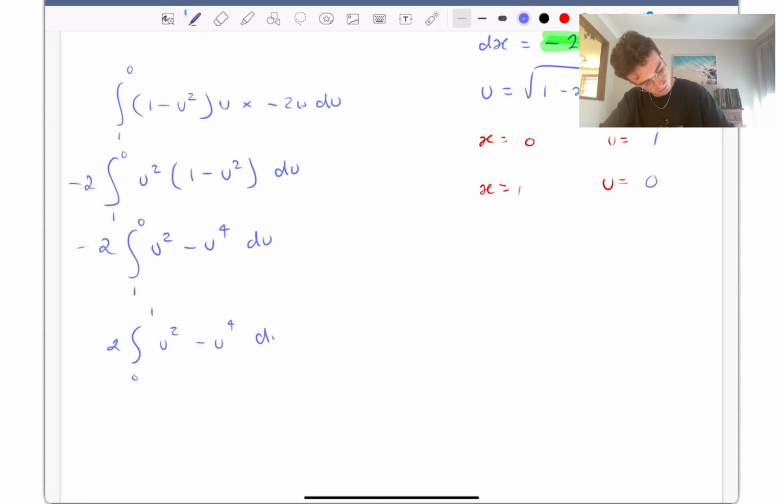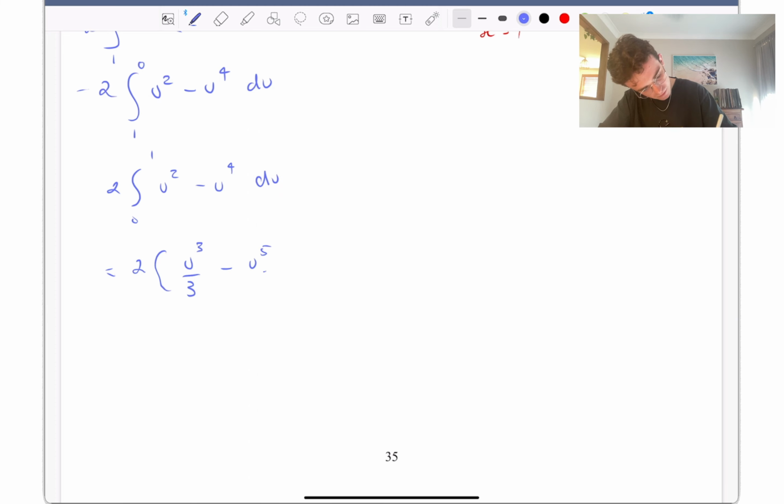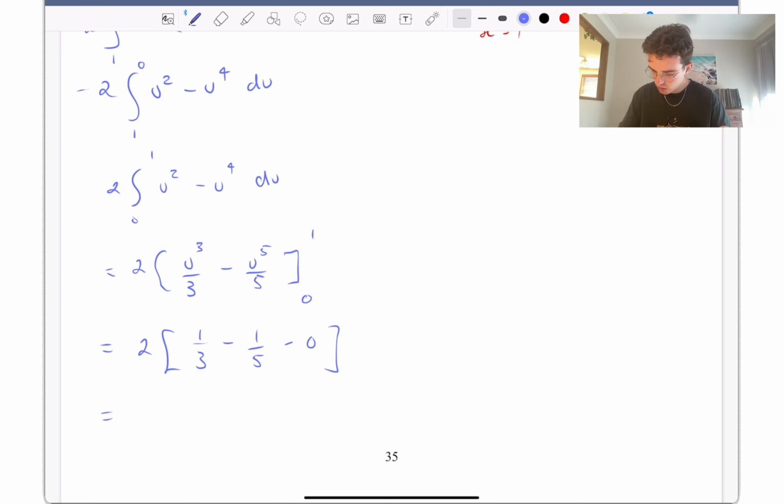So this is 2 times u cubed on 3 minus u to the 5 on 5 from 0 to 1, which is 2 times 1/3 minus 1/5 minus 0. 1/3 minus 1/5 is 2 on 15, so the answer would be 2 times 2 on 15, which is 4 on 15.